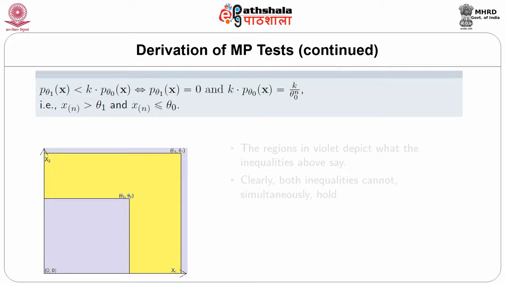Now, we consider p theta 1 less than k p theta naught, which is equivalent to p theta 1 is 0 and k p theta naught is k by theta naught to the power n.